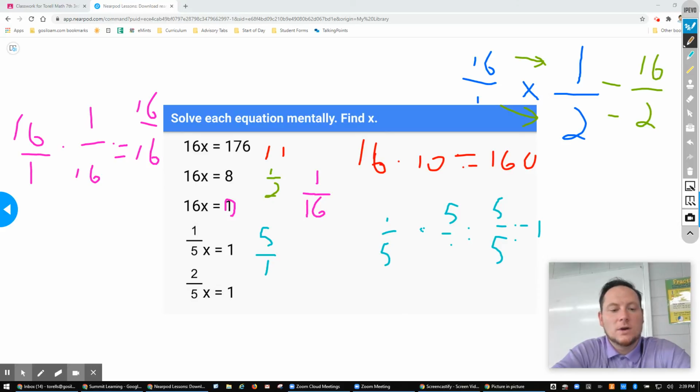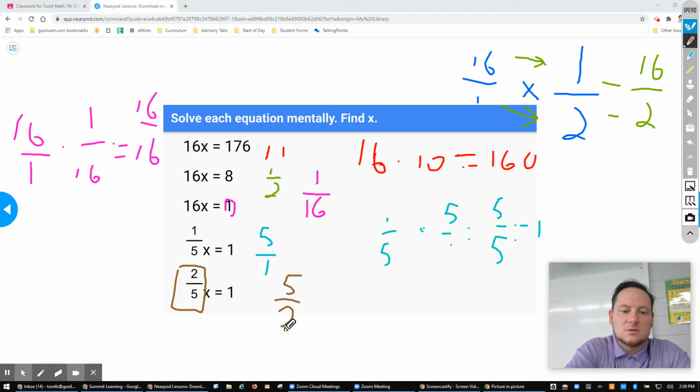And that applies to this last one, 2/5 times what equals 1. You just take the reciprocal of this one, 2/5 times 5 over 2. Okay? If you need to, go ahead and pause the screen, look through that a little bit, and see if all that makes sense to you.